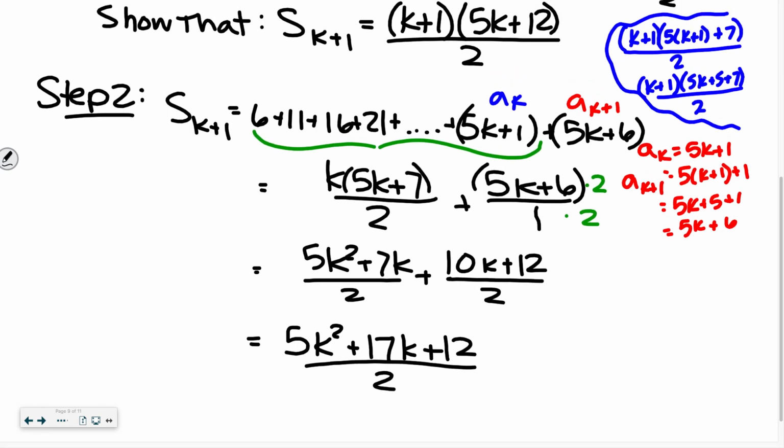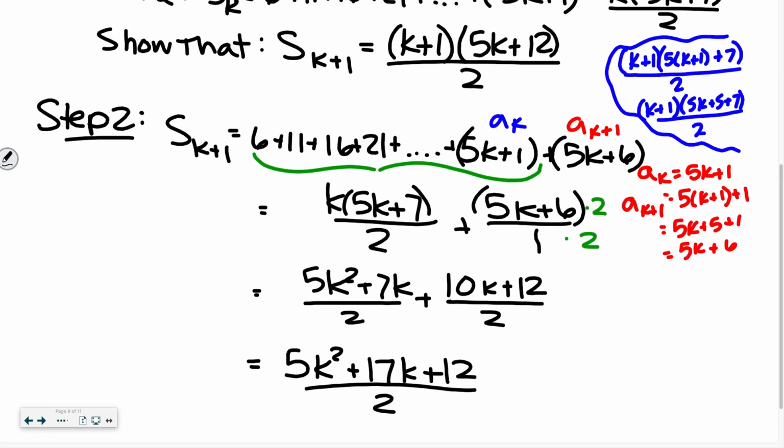And I look back up at my show that. It still doesn't look exactly like my show that statement, but I have a trinomial. To make it look like my show that statement, let's just factor it. And hint, hint, it should factor to be k plus 1 times 5k plus 12, right?